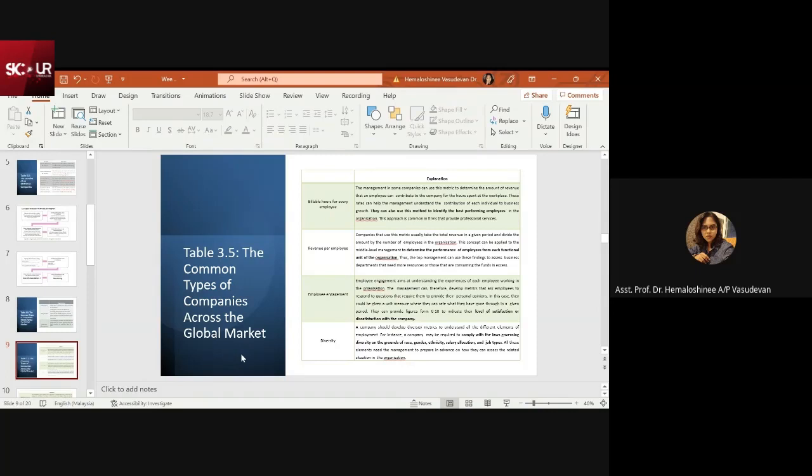But in the global market they are fixed. If they identify that you are not performing according to the hourly, that will be part of your KPI. That's why working hours are very important.